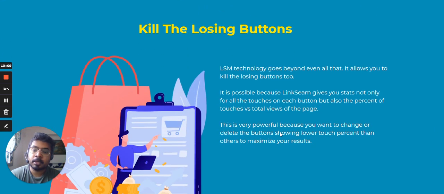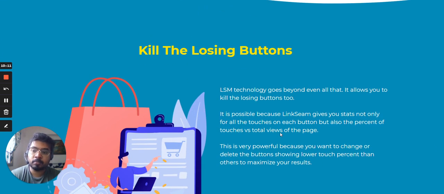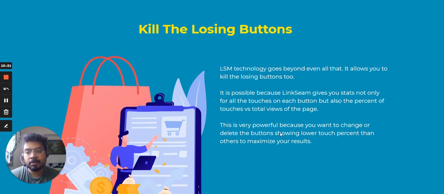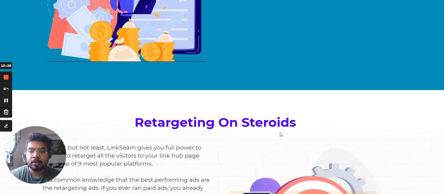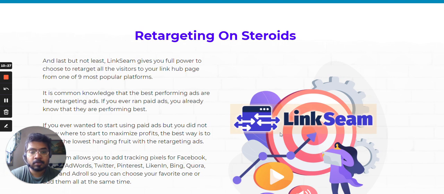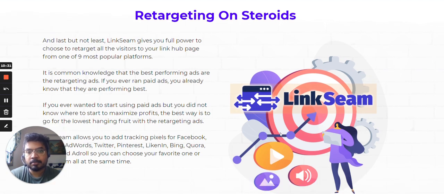You can get a custom domain as well from LinkSeam. It's wonderful, isn't it? To have a custom domain is expensive already. So LinkSeam allows you to have a custom domain and self-hosting solutions as well, so you don't have to pay for hosting for LinkSeam.